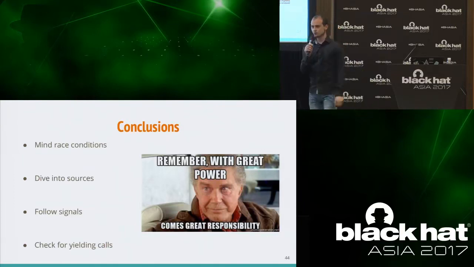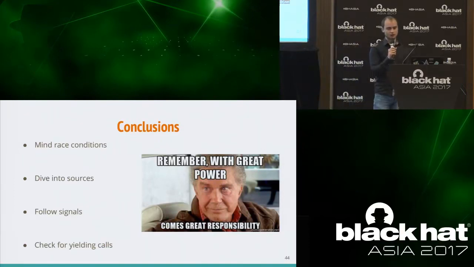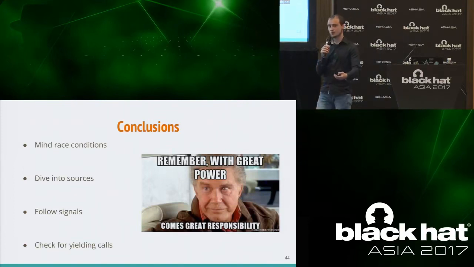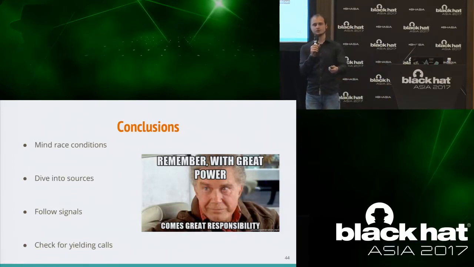Always dive into sources. The standard library is written in Go, and most of that Go tries to keep these in mind. For example, you can interrupt an HTTP request by closing a channel, but that is not intuitive. You should always dive into what you're seeing that doesn't really add up to what you expect it to be.